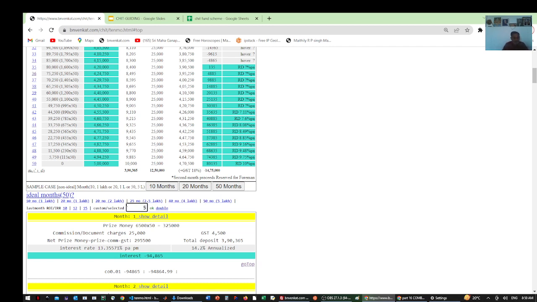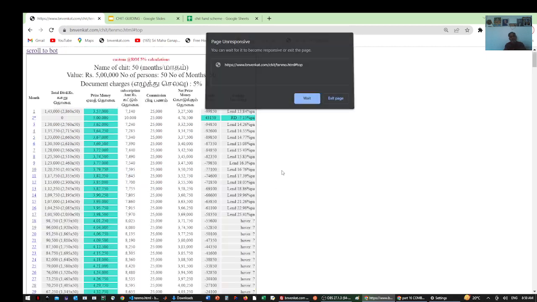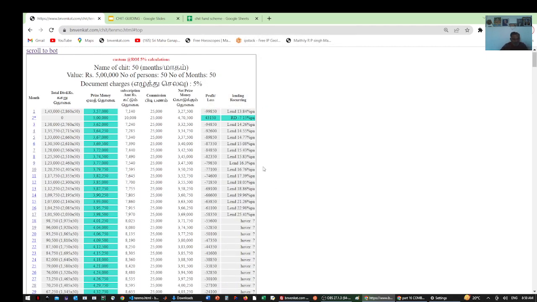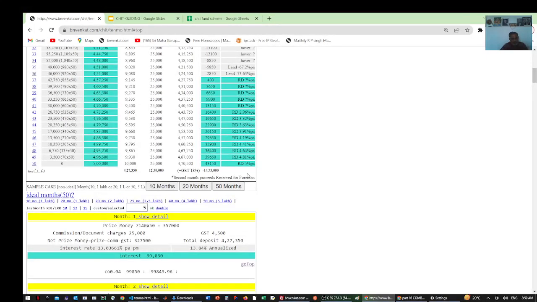That is, the starting minimum auction is 5%. It is taking time to calculate it, and it will arrive at near 5% as the controlling IRR. Yes, that's calculated. Minimum is 5%. Controlling IRR is 5%, given as the last month bidder interest IRR.